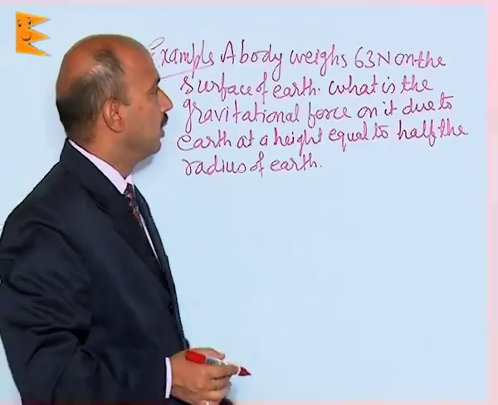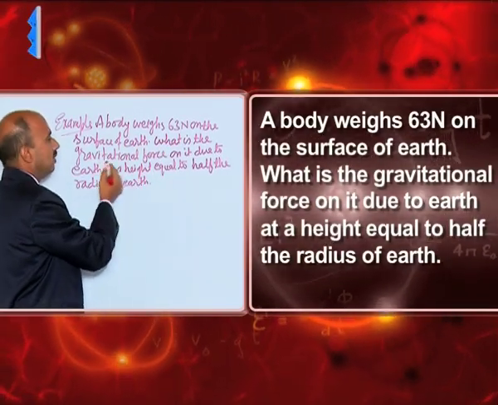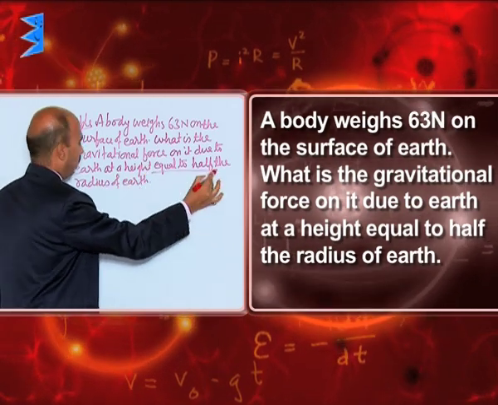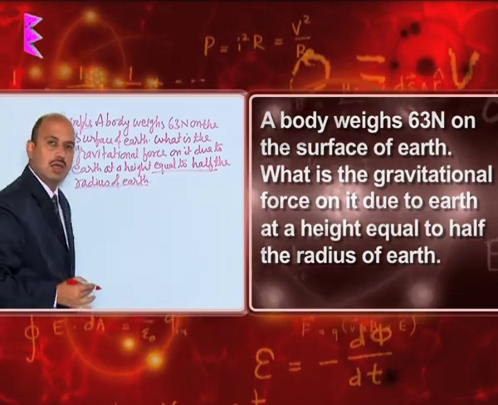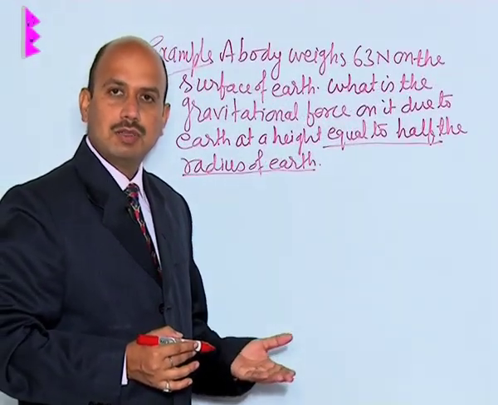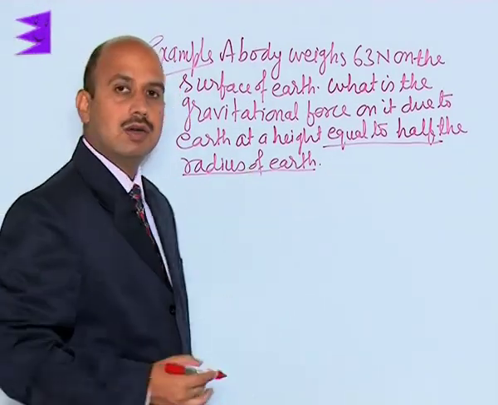See here in this example: a body weighs 63 Newton on the surface of the earth. What is the gravitational force on it due to the earth at a height equal to half the radius of the earth? It means the body is going up, above the surface of the earth, at a height equal to half the radius of the earth.